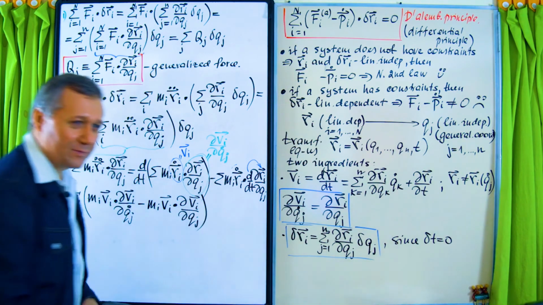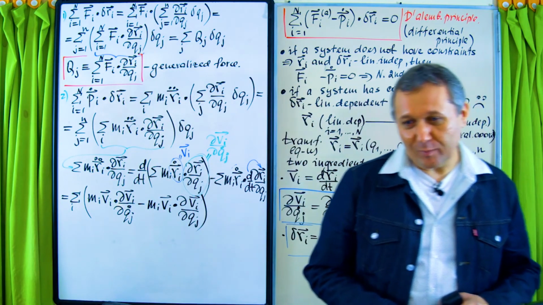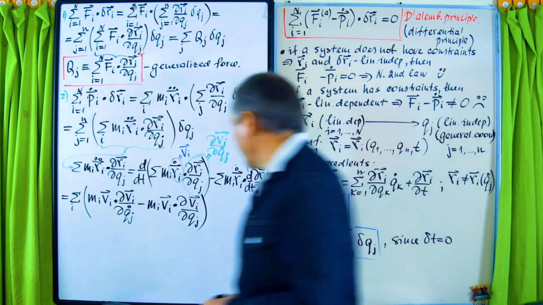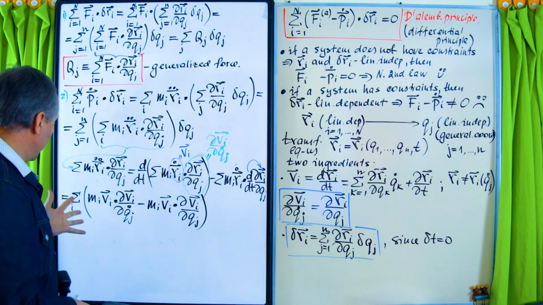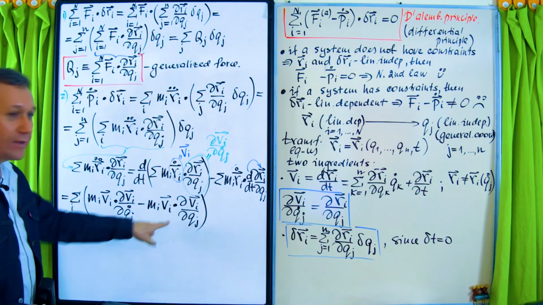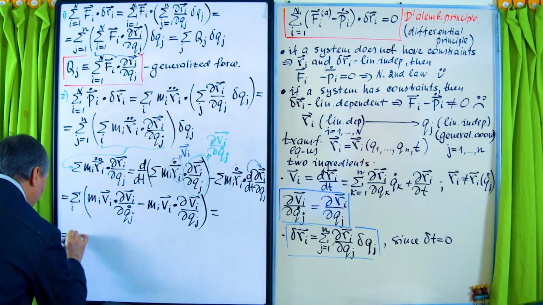Conservation of brackets. If you open, the number of open brackets must be equal to the number of closed brackets, right? Okay, so now we will see the structure is very similar here and here. As a result, we can rewrite it in this form.